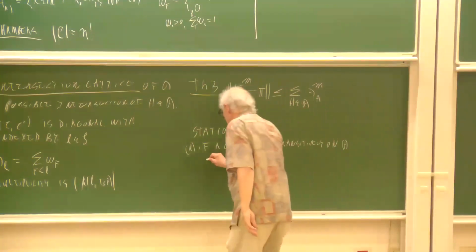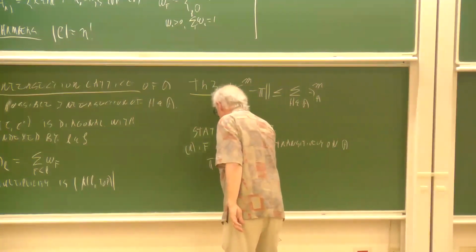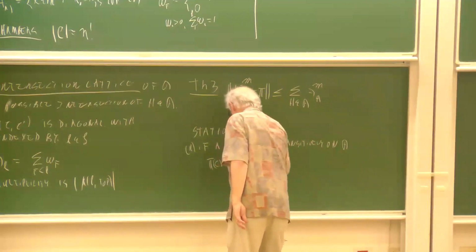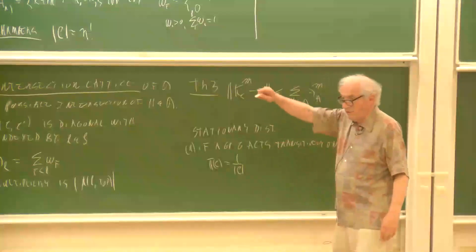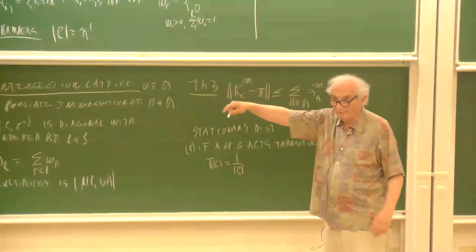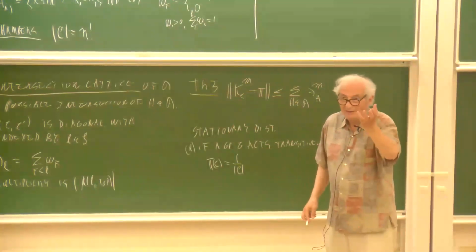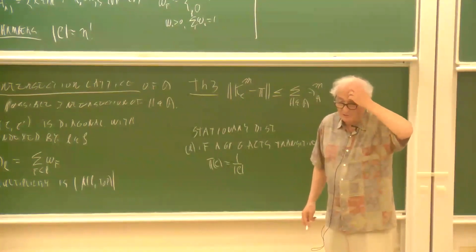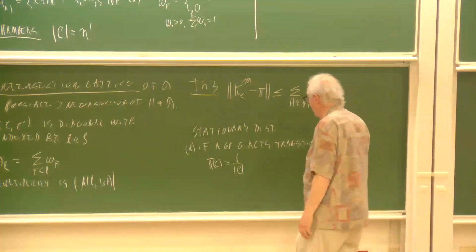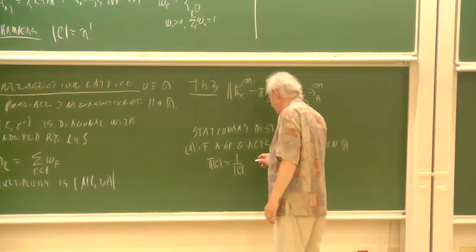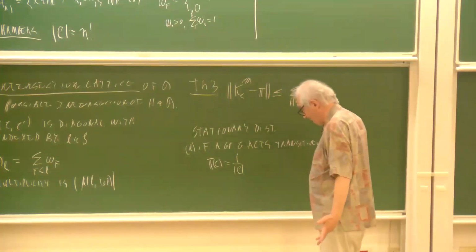And pi of c is equal to 1 over the number of chambers. And so, for example, riffle shuffles or the Ehrenfest urn, everything's symmetric, and the stationary distribution is uniform. Of course, if you shuffle cards a lot, they get all mixed up. Okay, so that's a case.